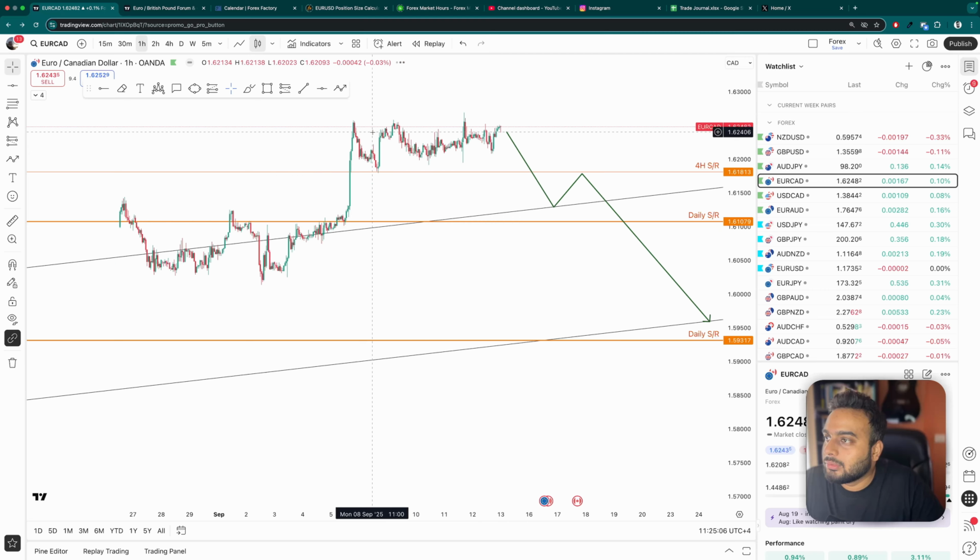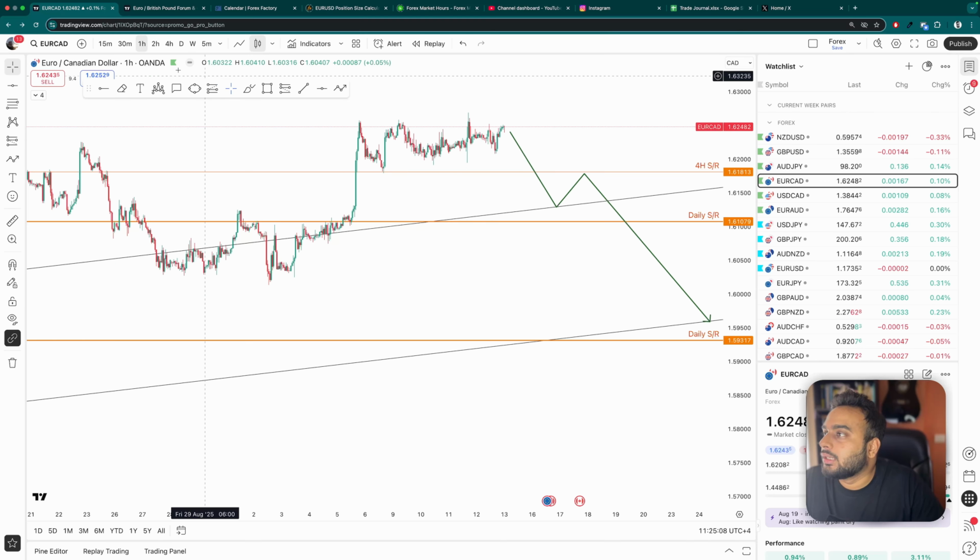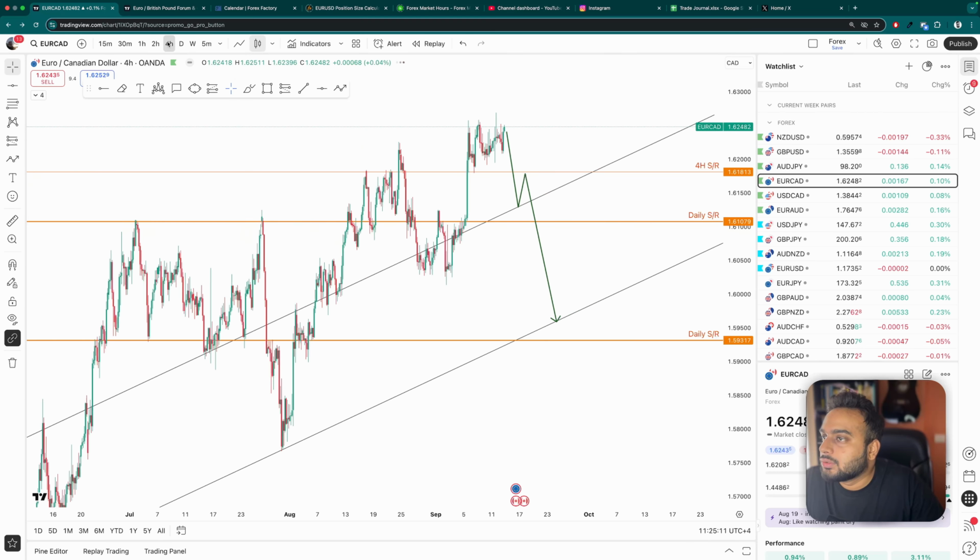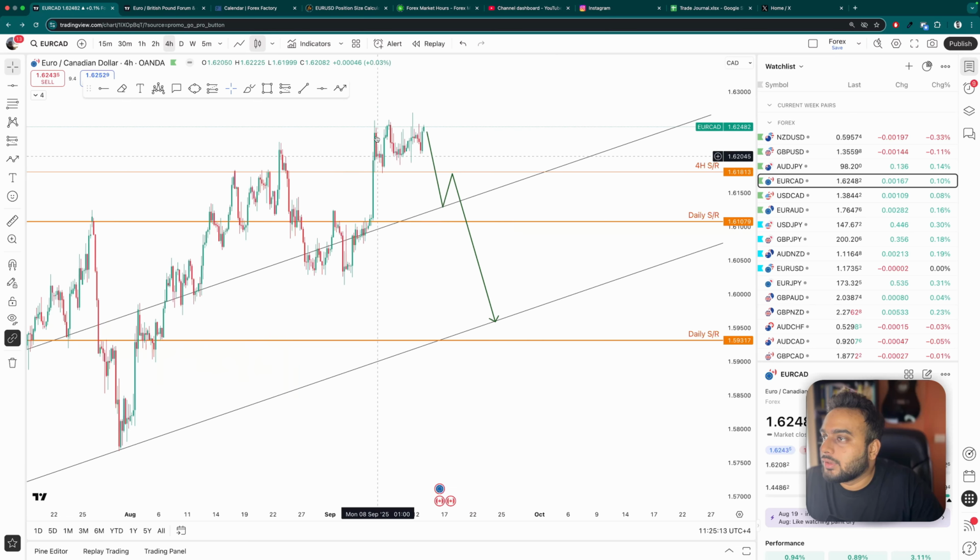It's not completely broken because it's just the wicks and not close of bodies. So on 4 hour, we have this swing high, this swing low, and then this swing high around these areas, and then this swing low. So if the price breaks this, it will be somewhat bullish on smaller time frames, and then I'll be happy to enter.